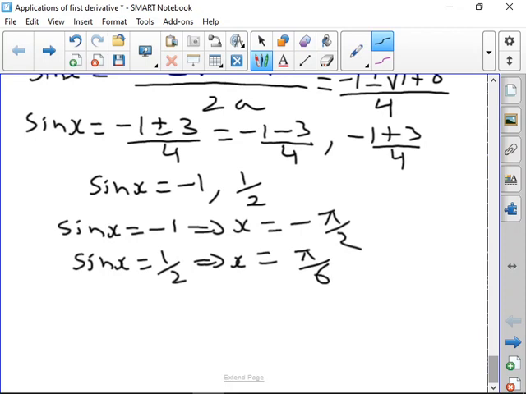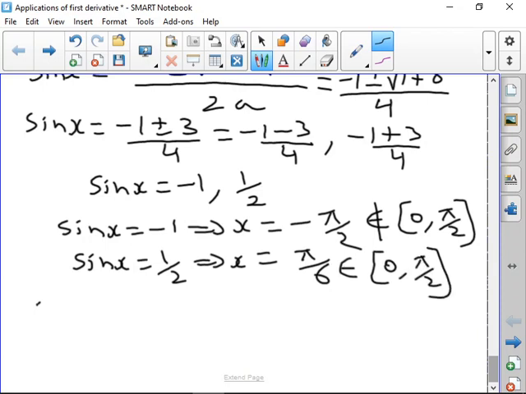Okay. And minus pi by 2, what is the interval given? You have to check with the interval also. 0 comma pi by 2. So this does not belong to the closed interval 0 comma pi by 2. But this belongs to the closed interval 0 comma pi by 2. Okay. You have to check that also. Therefore, what is the critical number? Pi by 6 is the critical number.